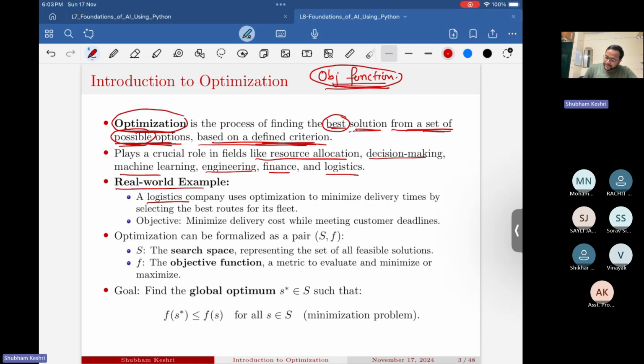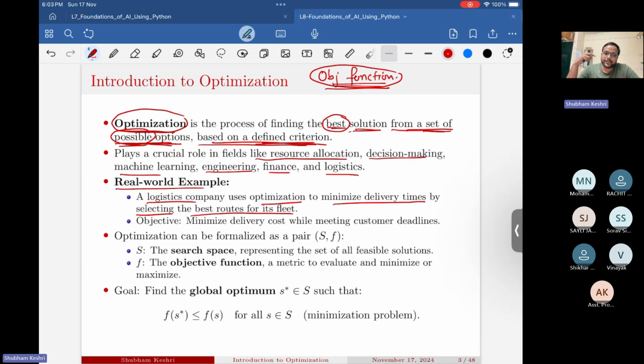A logistics company uses optimization to minimize delivery times by selecting the best route for its fleet. For example, delivery companies which provide deliveries to you, the delivery personnel pack the goods and they follow a route. They can have different objectives. Some objectives can be that they have to traverse all the routes.